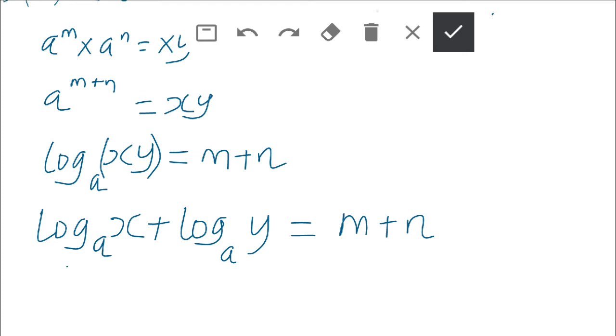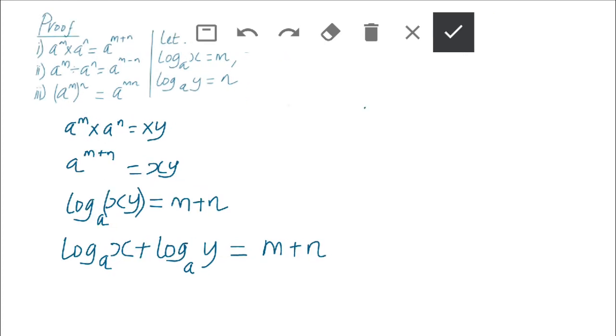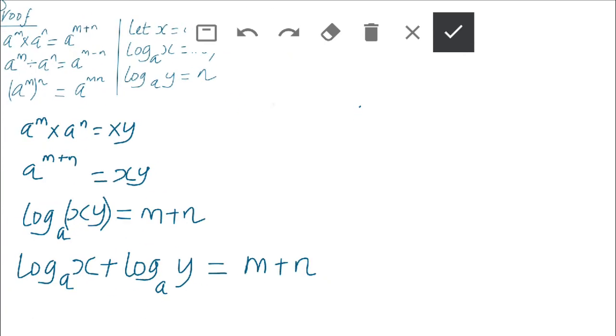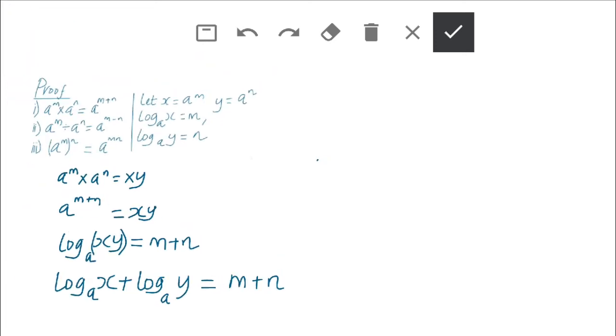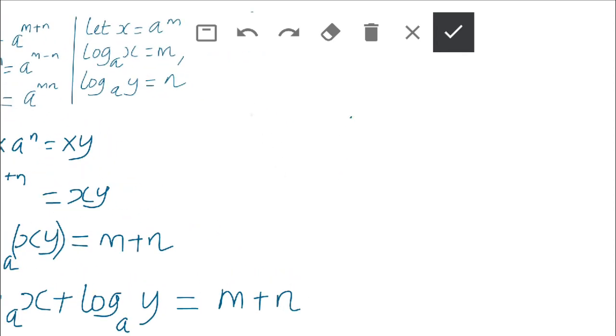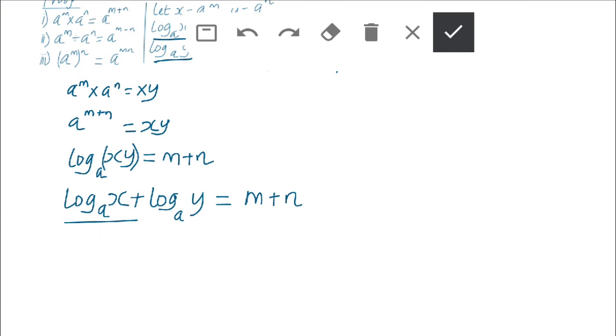So in short, remember the relation we wanted to prove is that log to base a of xy equals log to base a of x plus log to base a of y. And we have already seen that m is log to base a of x and n is log to base a of y, hence the proof.